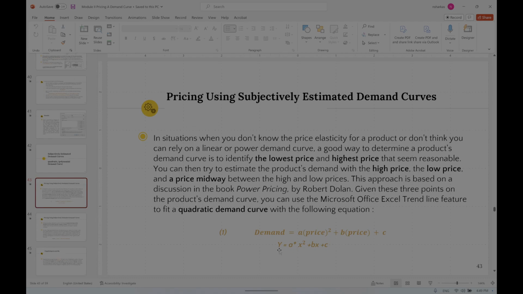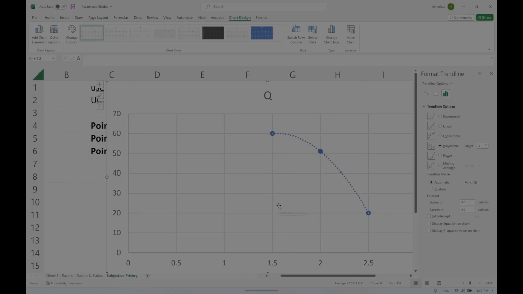This quadratic equation, you always have it as y, or demand, equal to some constant a times the price squared, or x squared, plus bx plus c. That's quite interesting, and you need 3 points. So you need to experiment as an e-commerce entrepreneur, for example.